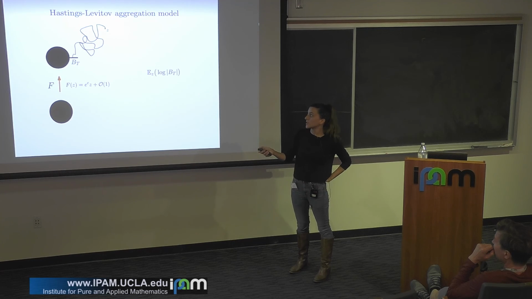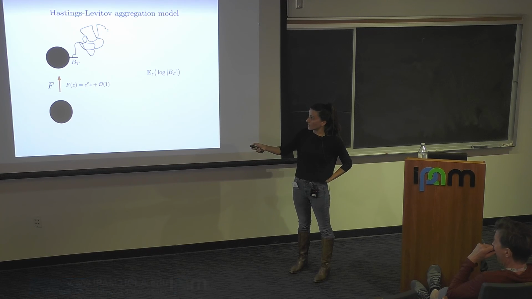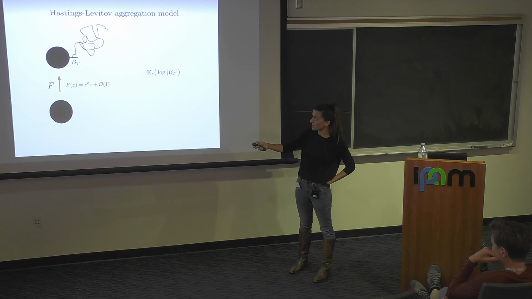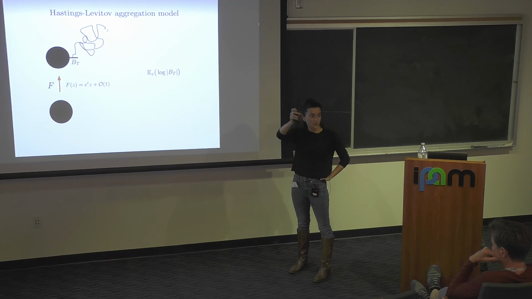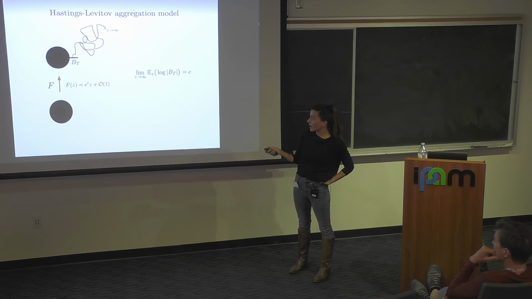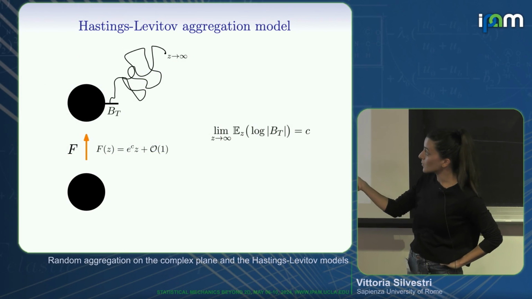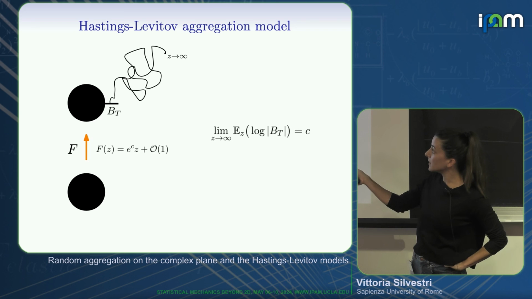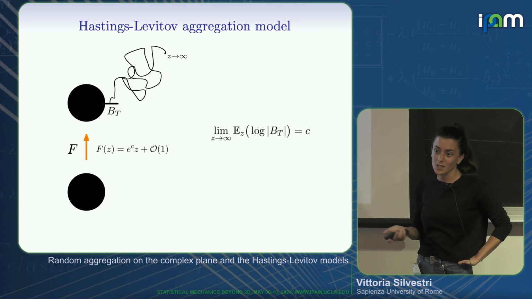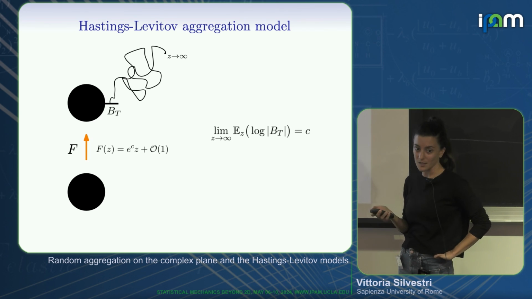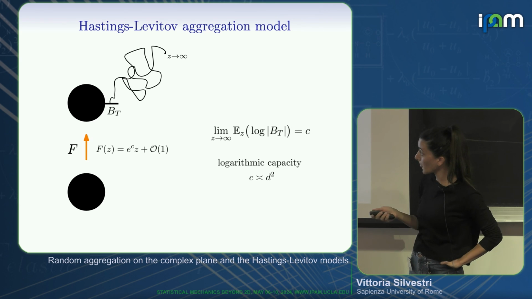So if the Brownian motion hits on the disk, this modulus will be 1, so the log is 0, and you have no contribution. The only contribution comes from points on the particle, and it's positive, so this is a positive number. And the larger the particle, for example, the longer the slit, the larger this number. And now you want to take Z to infinity, because this quantity will depend on Z, and the limit will give you C. This is very easy to see with complex analysis techniques and martingales, the optional stopping theorem.